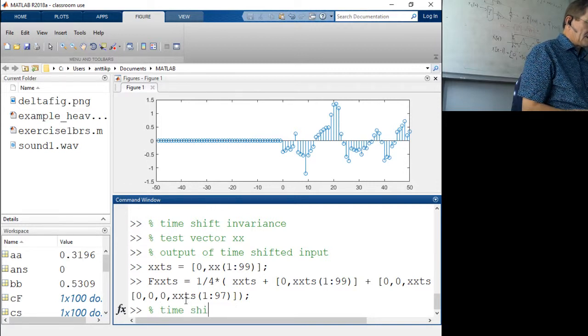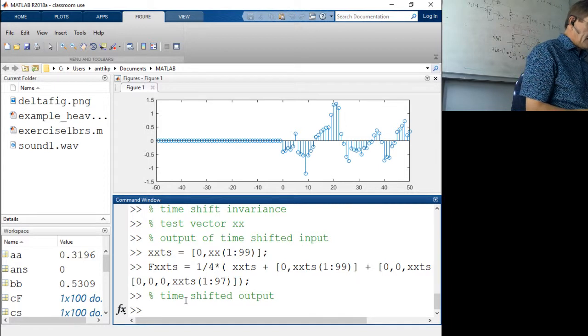time shifted output, which we actually already have the FXX with us, just time shift that one. So FXX, TS FXX equals, so we just do the same time shift in here, FXX 1 to 99.